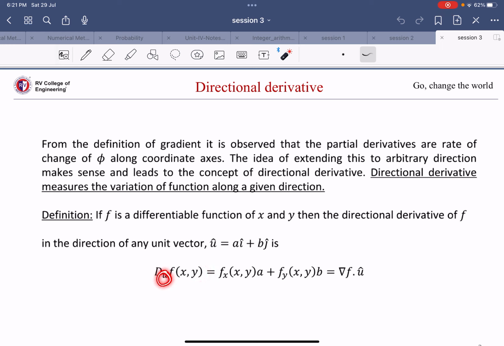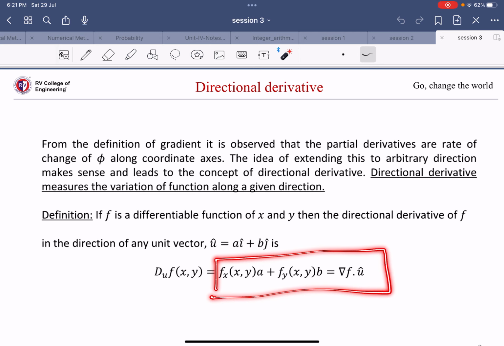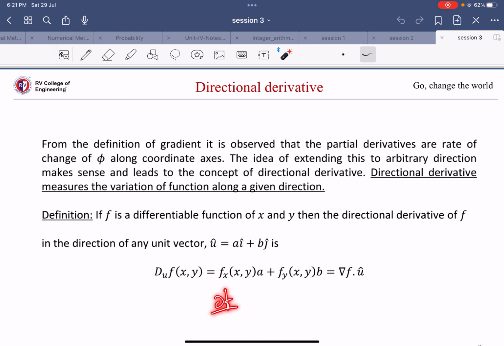So u here is subscript. It's given by fx of x comma y into a plus fy of x comma y into b. So fx represents partial derivative of f with respect to x, fy represents partial derivative of f with respect to y, which is nothing but dot product of gradient of f dot u cap. This is nothing but the projection of gradient of f onto the unit vector u cap.